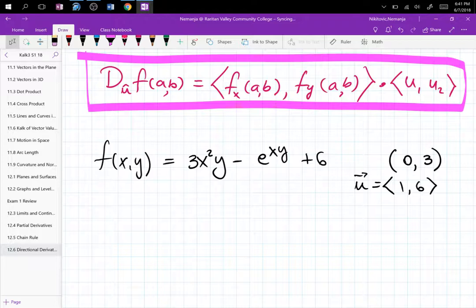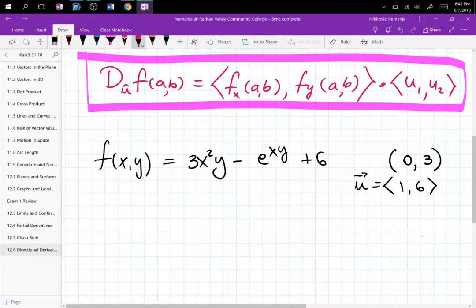Now note my notation over there. My notation over there says u with the arrow. This is where your grade dies for this problem. This is not a unit vector. The magnitude of this thing is square root of 37. That's not 1. Square root of 37 is not equal to 1.